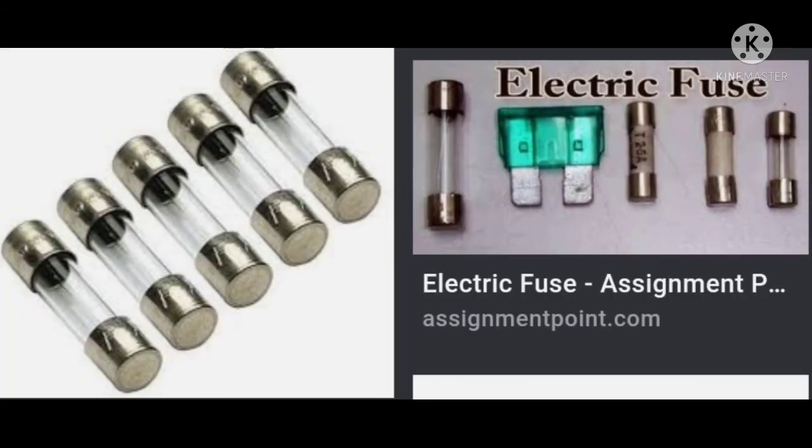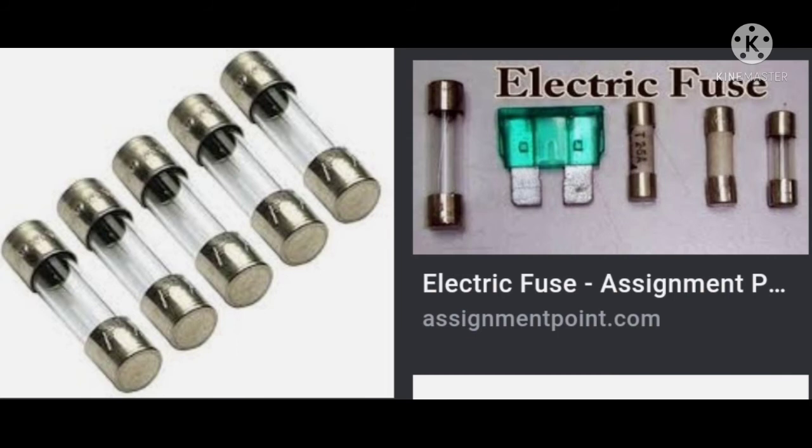Children, what will happen if a large amount of electric current passes through an appliance? Think about it. It causes the wires to get overheated and the appliance gets damaged. This situation arises as a result of some fault in the circuit and can be extremely dangerous as it can lead to fire.